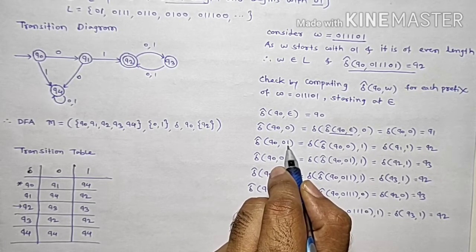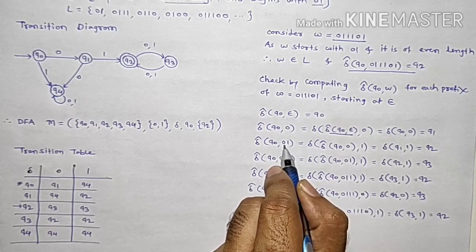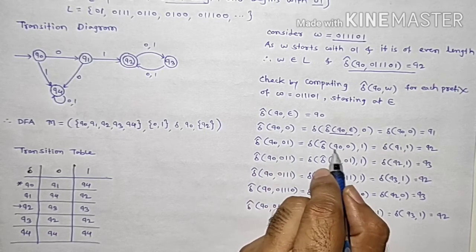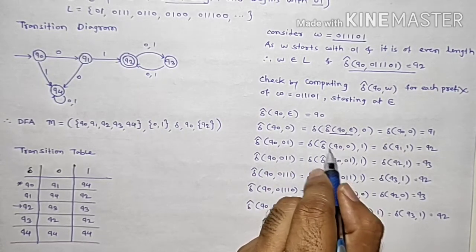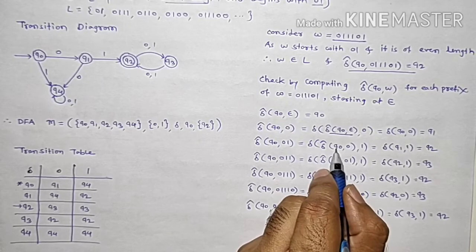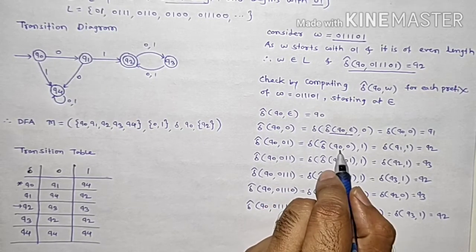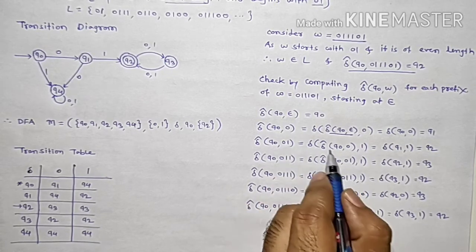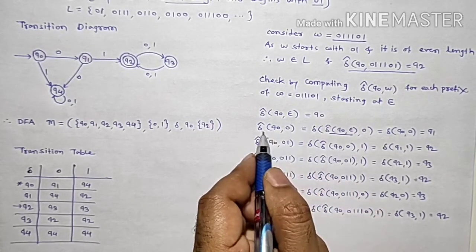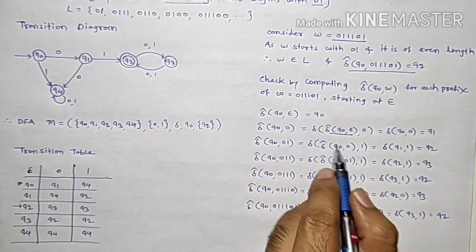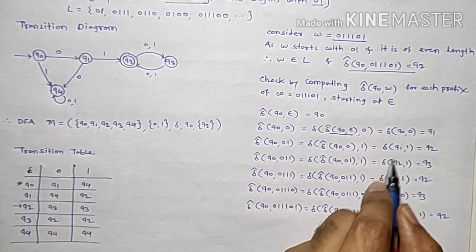So we take the delta cap of q0 on 0, and then compute the delta of the corresponding state on the last symbol, 1. Delta cap of q0 on 0 we already know is q1, so we substitute it here.